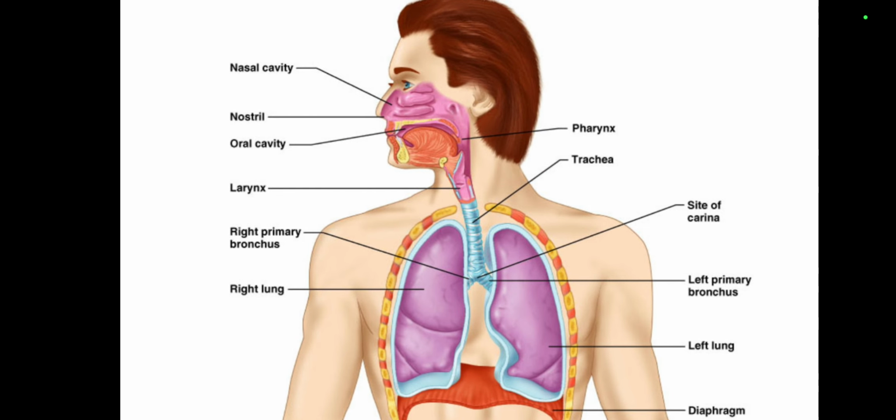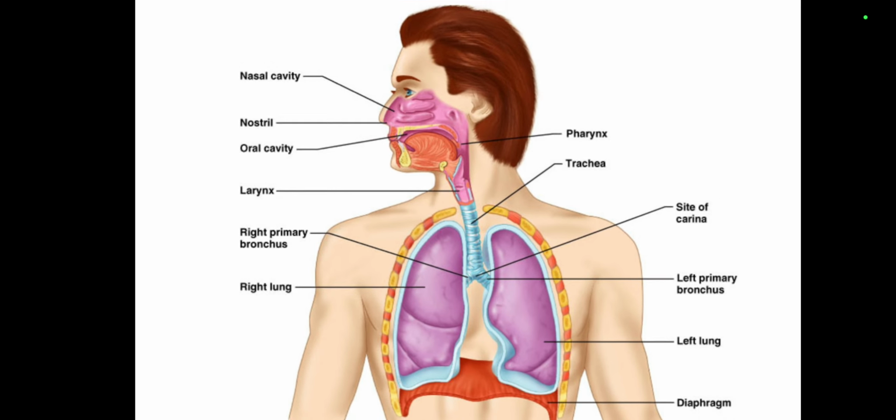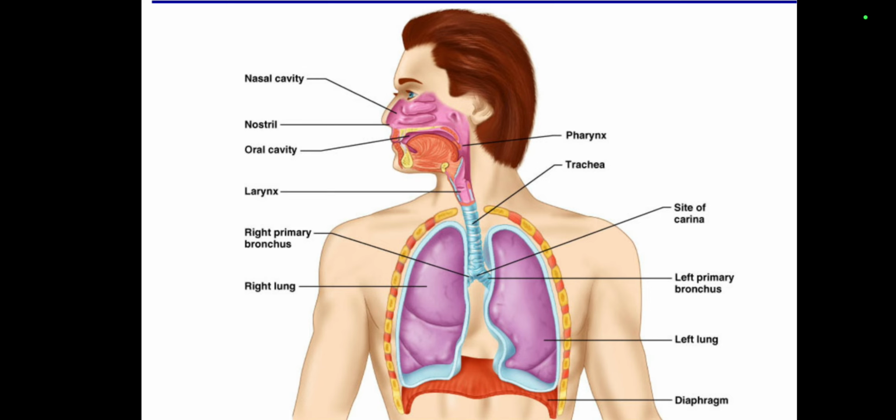Gas enters first into your nasal cavity and continues onward. These are the major organs of the respiratory system, starting with the nasal cavity, nostril, oral cavity, pharynx, larynx, trachea, right primary bronchus, site of carina, right lung, left primary bronchus, left lung, and diaphragm.